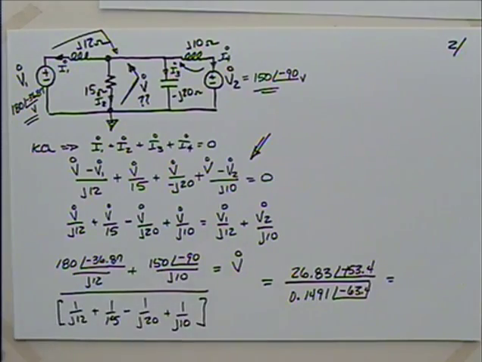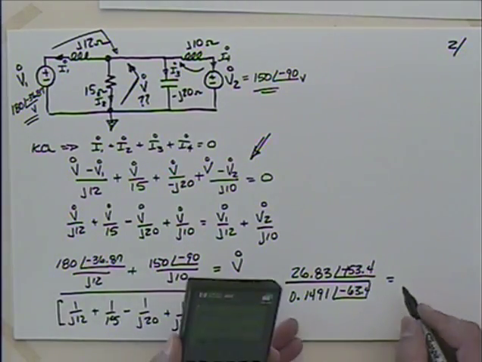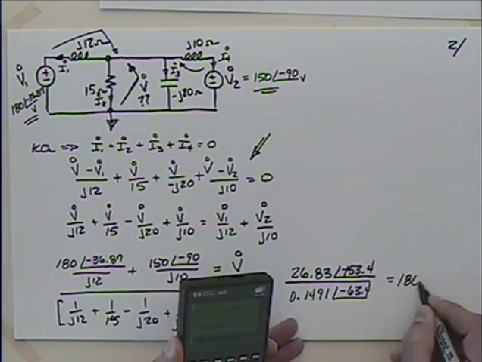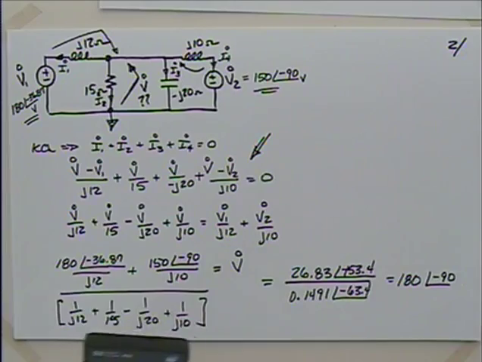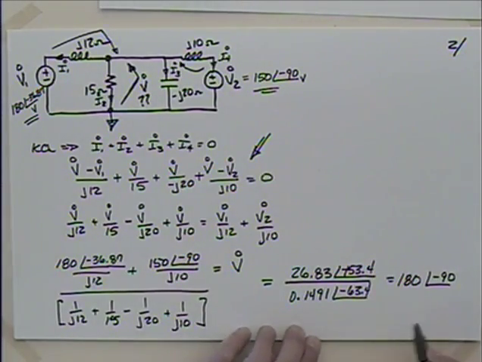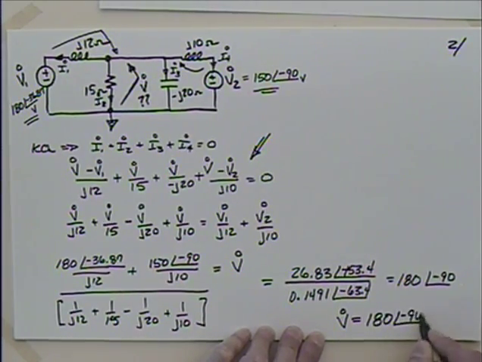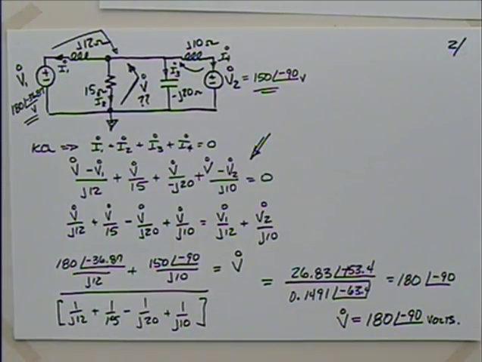You divide those, you get 180 at minus 90. So we could say, if we wanted to, that the voltage V is equal to 180 at minus 90 volts.